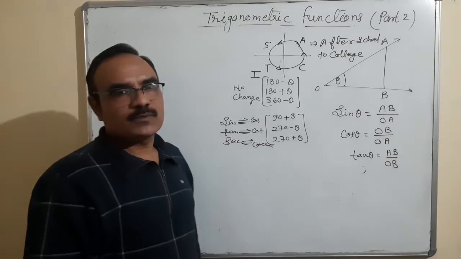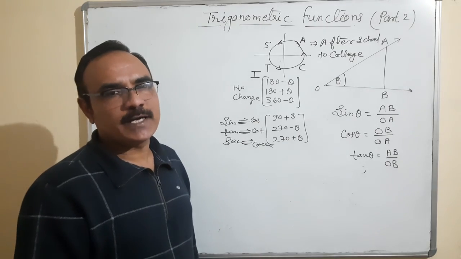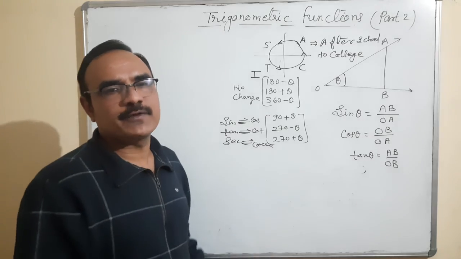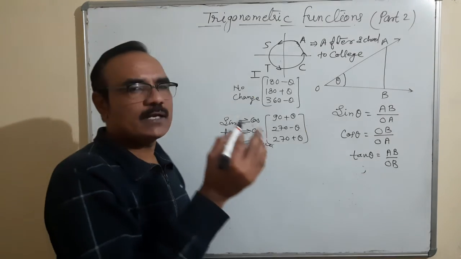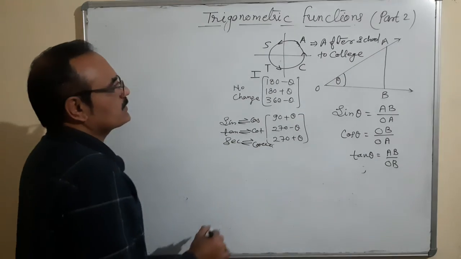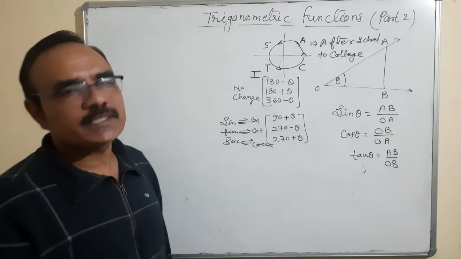Suppose you want to write 135 as 90 plus 45, then you can write sine 90 plus 45 as cos 45. But if you write sine 180 minus 45, sine remains sine. So my suggestion is that you convert all the terms in the form of 180 minus, 180 plus or 360 minus.